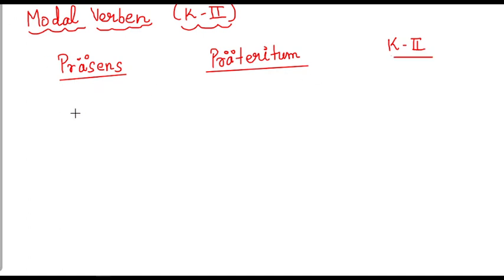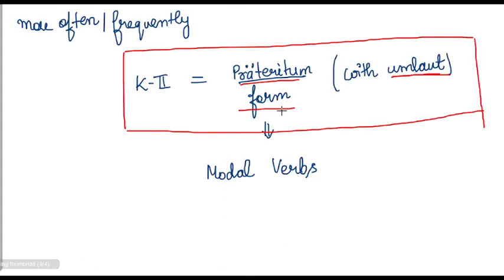Let us write our very first modal verb, können. I think the meaning is clear: to be able to, or can. What is the Präteritum? Konnte. The rule says the Konjunktiv II form is the same as the Präteritum form but with an umlaut.